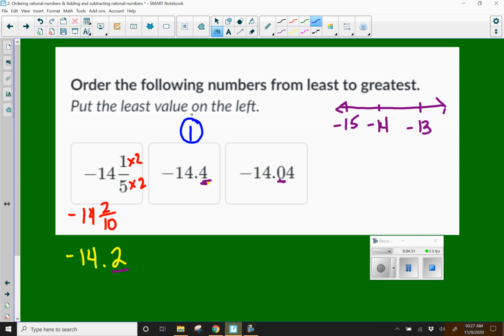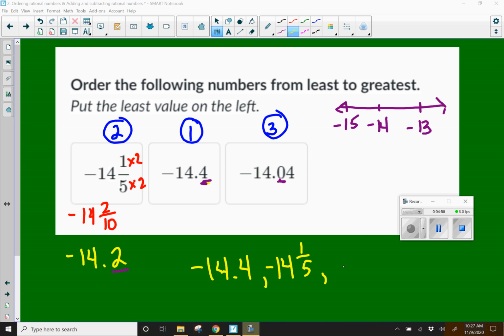Next after that would be -14.2, or -14 and 1/5. And the one closest to 0, or the largest, would be -14.04. So if we were to order them, we would have -14.4, then -14 and 1/5, and lastly we would have -14.04.